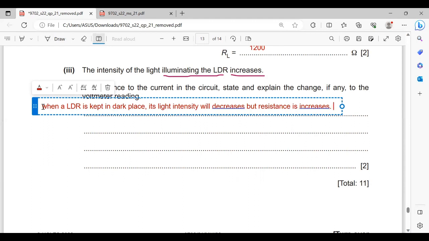So how about when the LDR is in a light place?